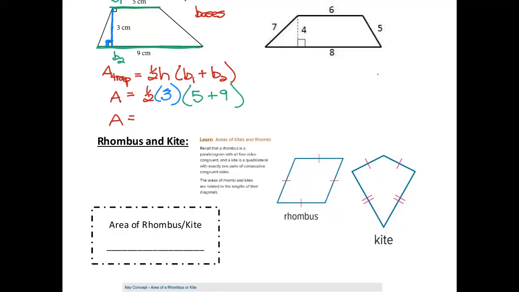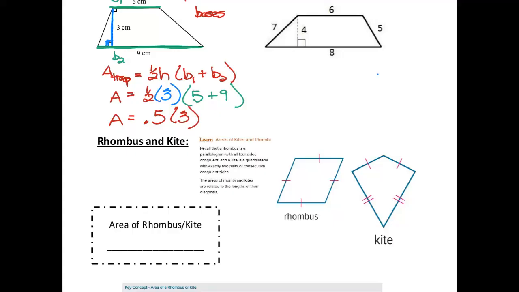Now, what is another way to write the fraction 1/2 as a decimal form? What is 1/2 in decimal form? Does anybody know? 0.5. So on the calculator, you would take 0.5 times 3.